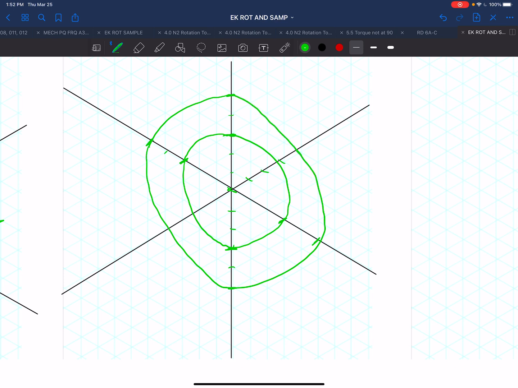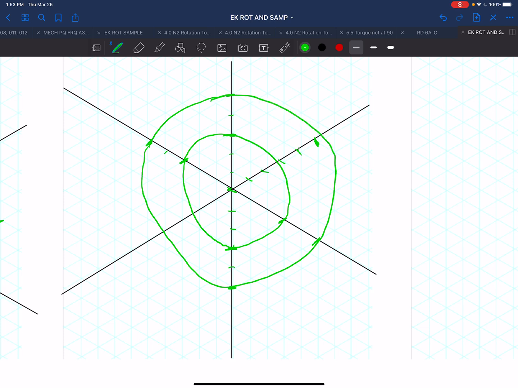I think that was marked incorrectly. Marked that incorrectly. 3, 4, 5 out to here. And the place where we have this tangent would be here, and it's going to go 4. So 1, 2, 3, 4. And down here we get our tangent. 1, 2, 3, 4, like so.